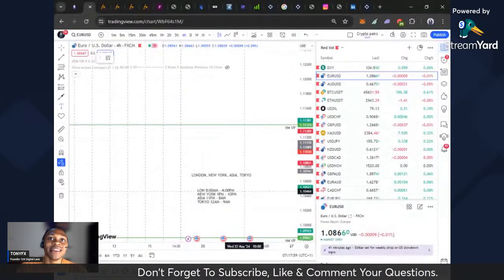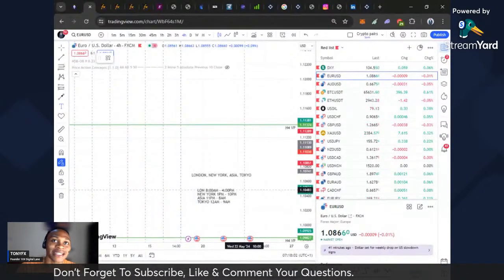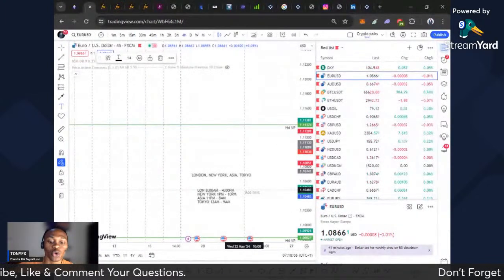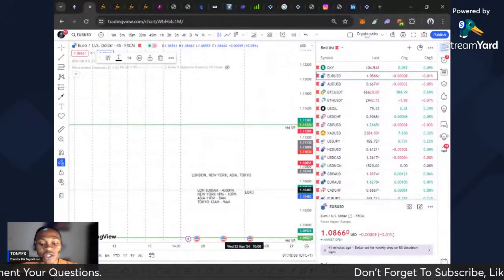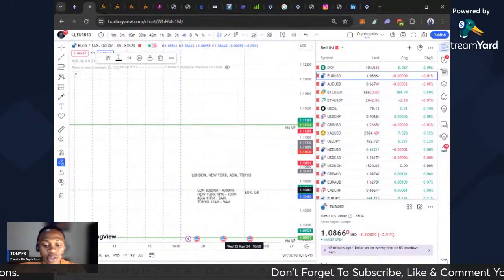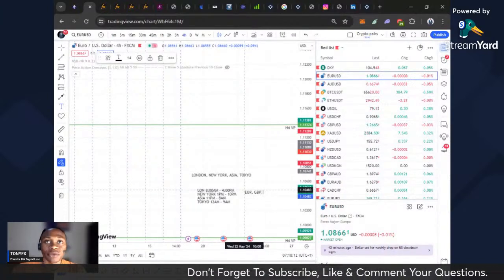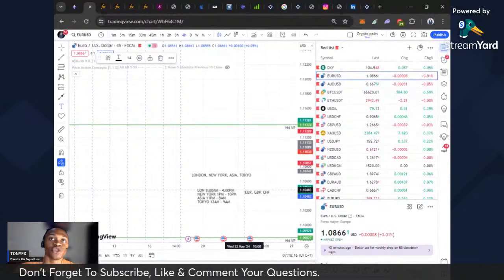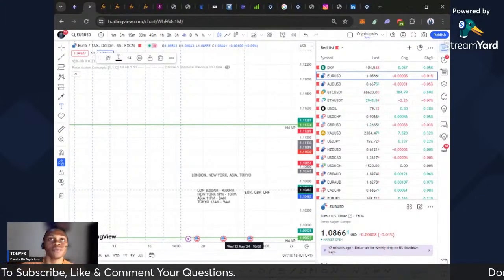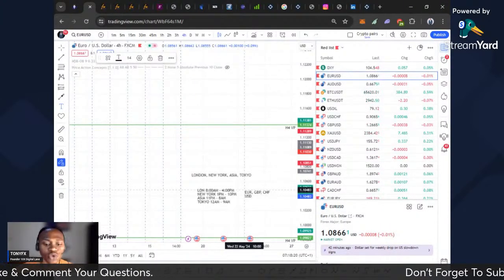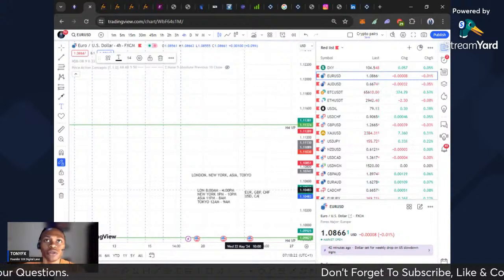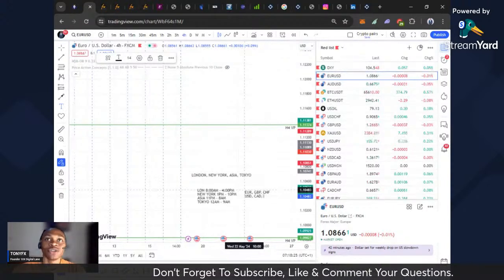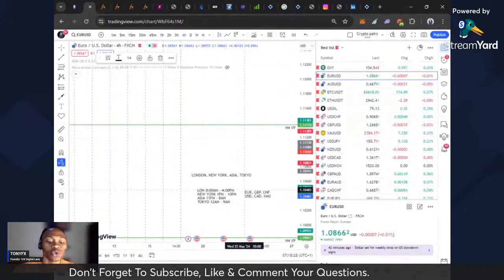Let me then list the pairs that are affected, because you need to know. During London session, you need to focus on Euro, Great Britain pound, and Swiss franc. These are major pairs. During New York session, you need to focus on the dollar, CAD, Canadian dollar, and gold.